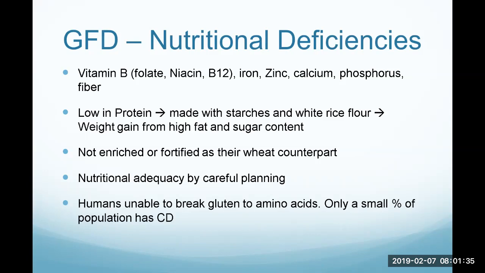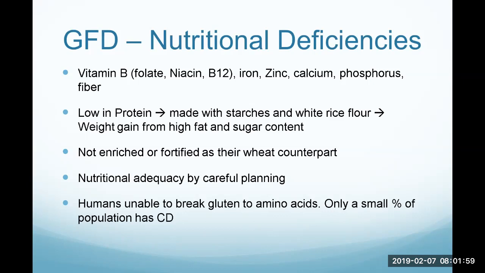And this is why we worry, because now they are getting the majority of their calories from starches and fat. They're going to end up being obese, if not now, then in the near future. They have tons of vitamin and mineral deficiencies and fiber deficiency.